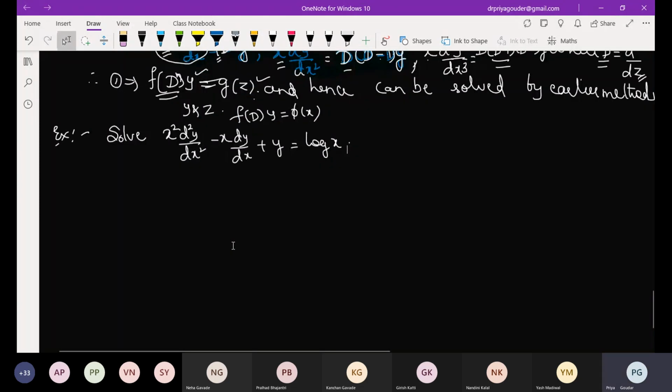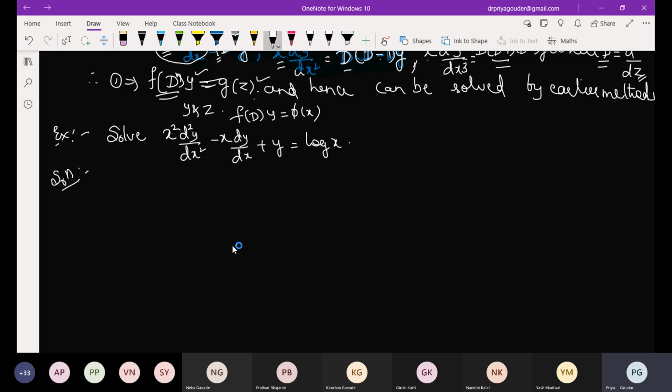Again, they don't mention which category it belongs to. You only have to identify. Is it a linear differential equation with constant or variable coefficient? That is my first question. Variable coefficient. Clearly you can see it is attached to some variable.